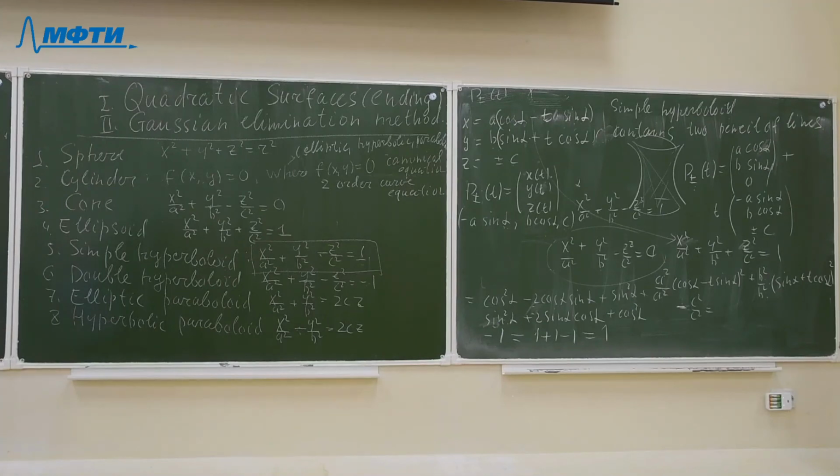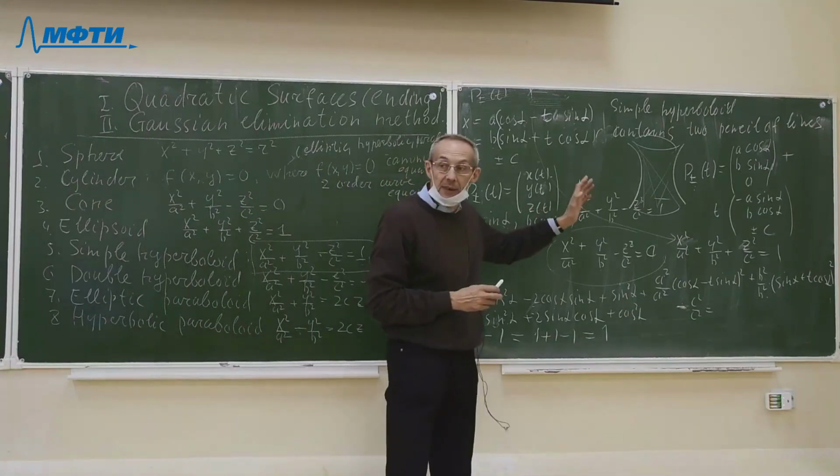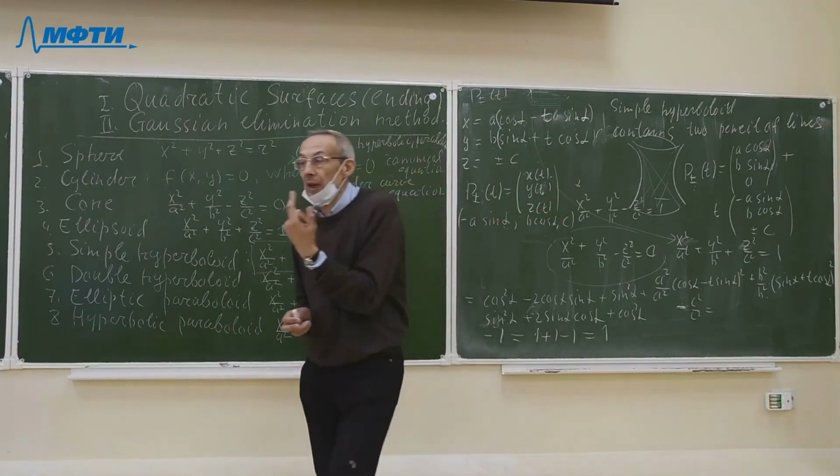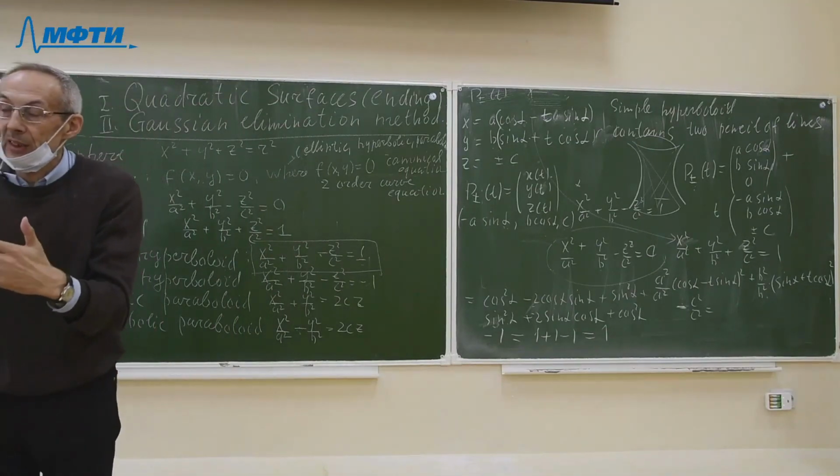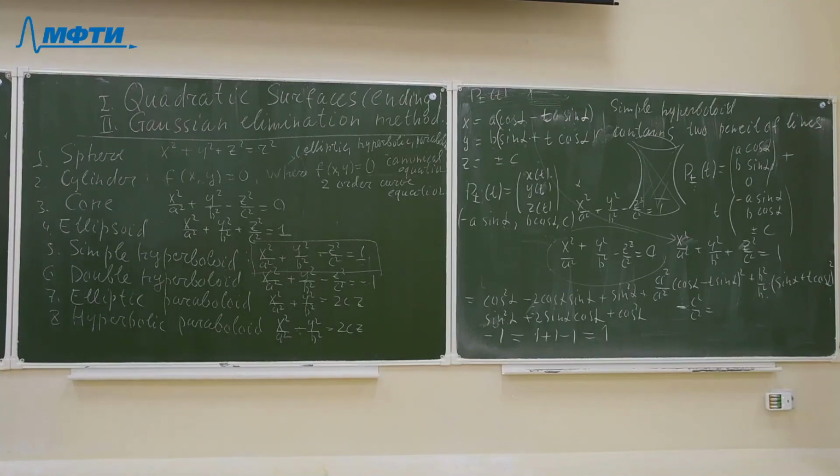It is such an interesting fact. Any questions? This straight line, when it rotates, gives us two simple hyperboloids, right? Simple hyperboloid, yes. Exactly. We have two families. Through any point we have two straight lines which intersect at this point.